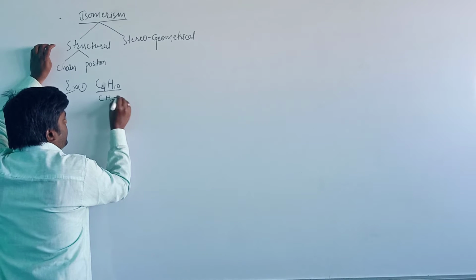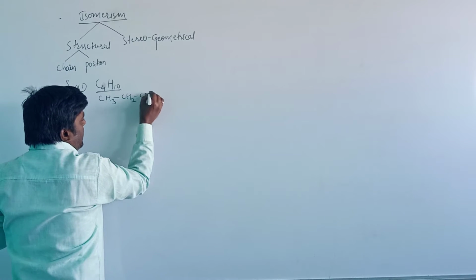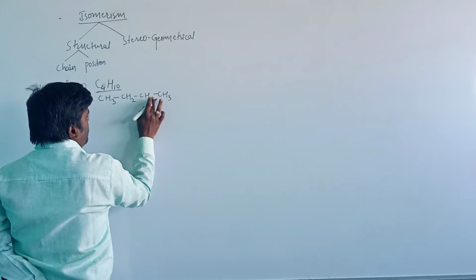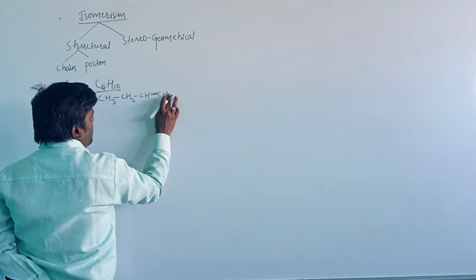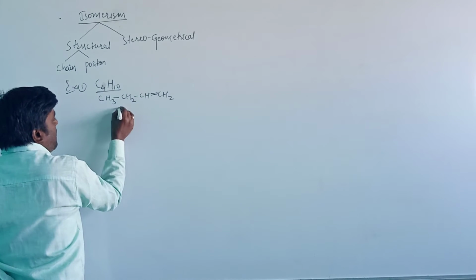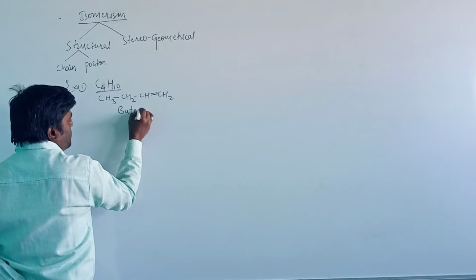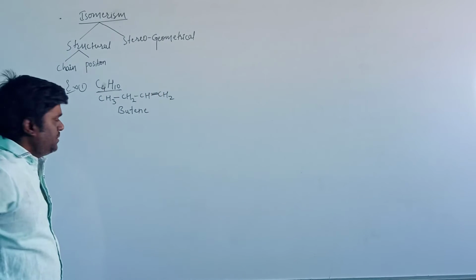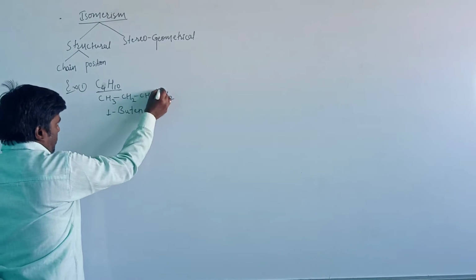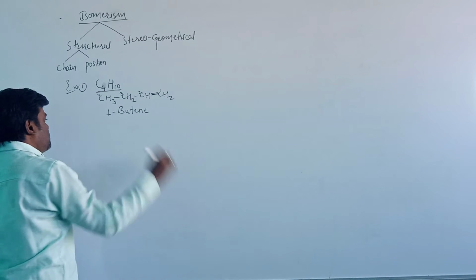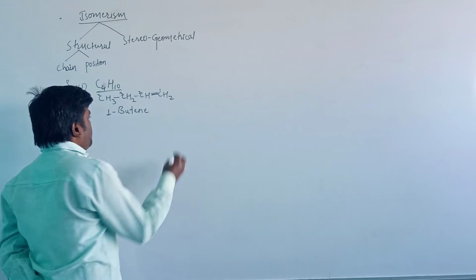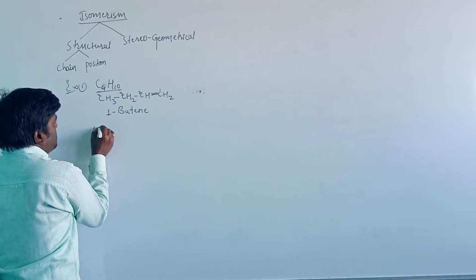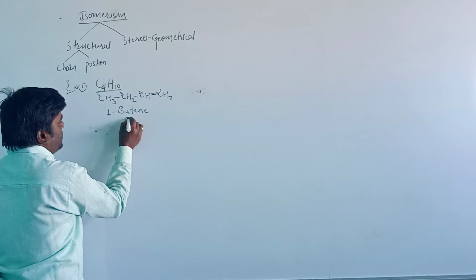We can write CH3 CH2 CH2 CH3, and here we take the double bond, CH2 double bond CH, so the compound is butene, or one butene. The double bond is present at the first position, therefore it is known as 1-butene. Consider this as structure 1.